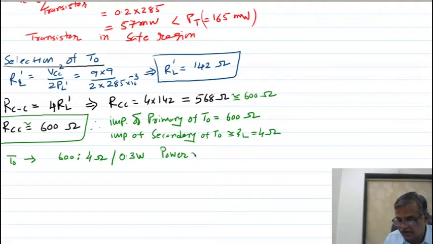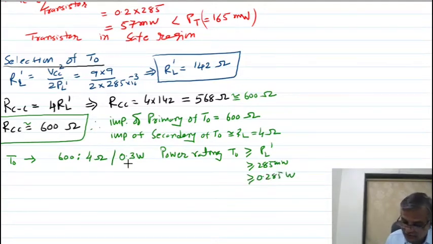So the power rating of TO should be greater than or equal to PL dash, greater than 285 milliwatt, so greater than 0.285 watt. That's why I am writing 0.3 watt; I am giving slightly more. You can give 1 watt or 3 watt, but the unnecessary cost of the circuit will increase.